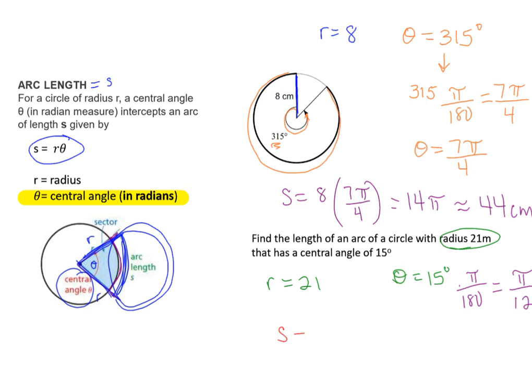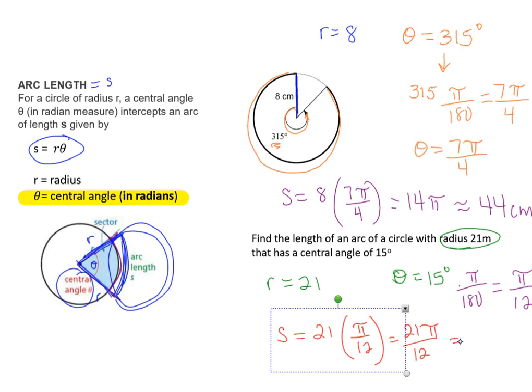So our arc length s equals 21 times pi over 12. Okay, that's 21 pi over 12. 21 and 12 reduce down to 7 pi over 4, which is about 5.5-ish, 5.5 meters.